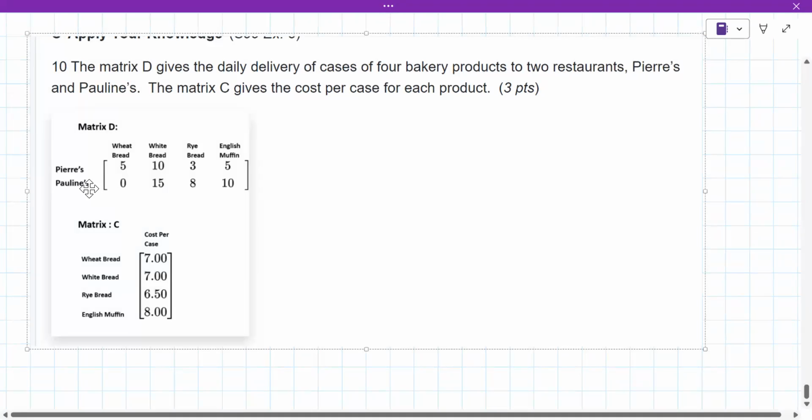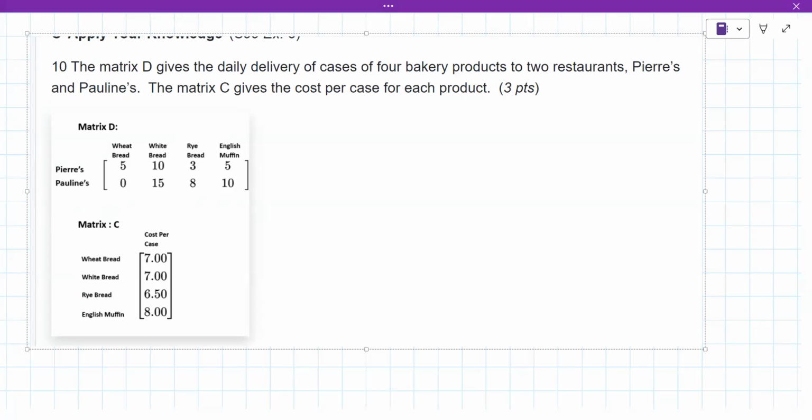There's Pierre's and Pauline's restaurants, wheat bread, white bread, rye bread, English muffins, and then there's the cost of wheat bread, white bread, rye bread, and English muffins. They're trying to show you that if you multiply these together, you would get the cost of, for example, wheat bread to Pierre's, or rye bread to Pauline's. You could get any of these numbers here. And that is part A.